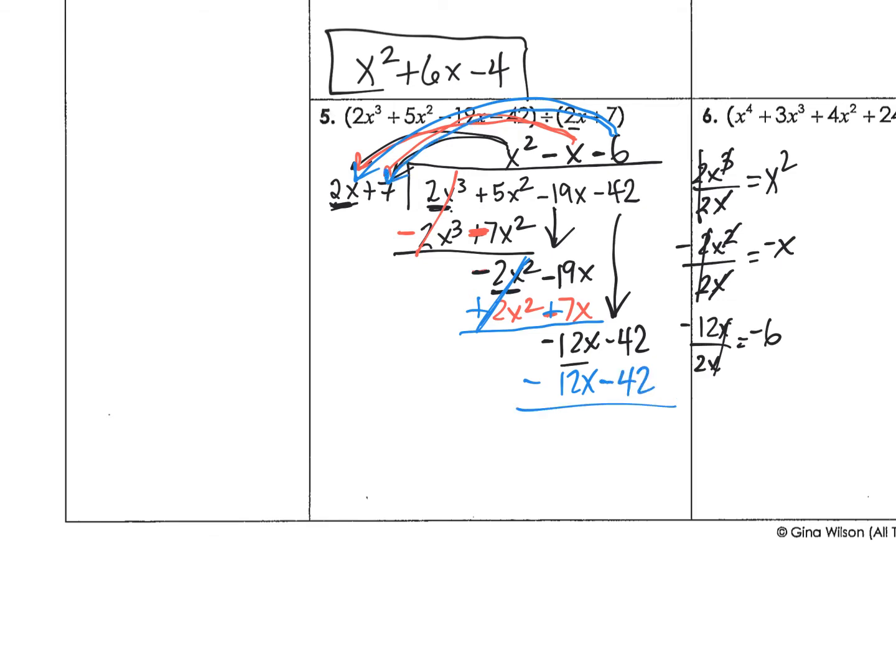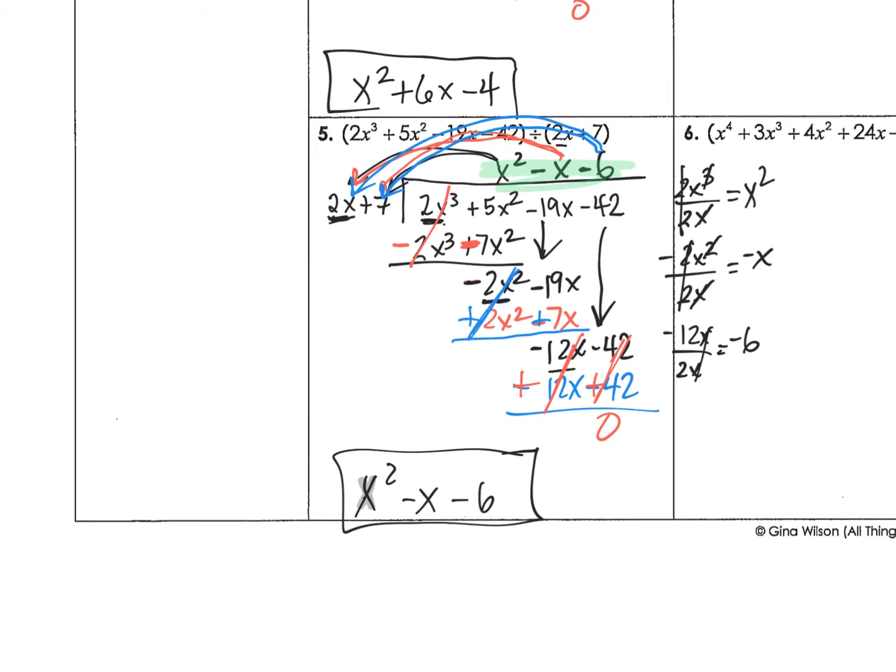But we know we have to change signs. So that goes away, and so does that, so we have a remainder of 0. So my answer is, again, whatever's up here. So my answer is x squared minus x minus 6. Boom. Okay?